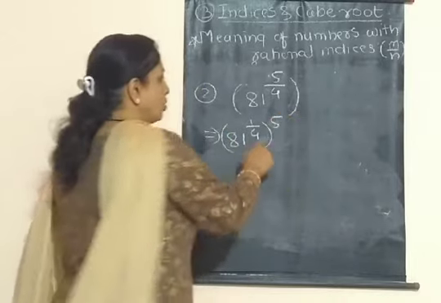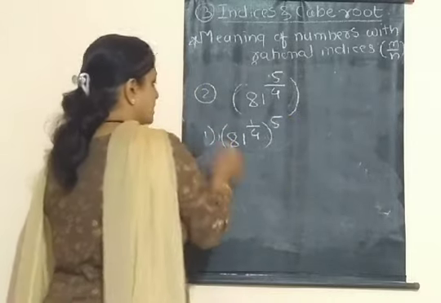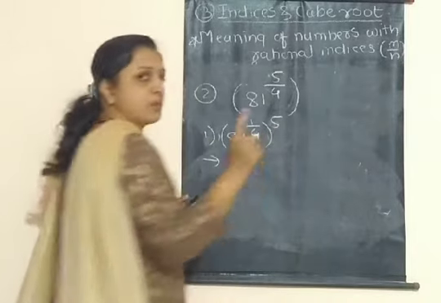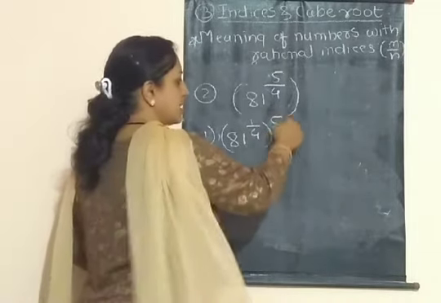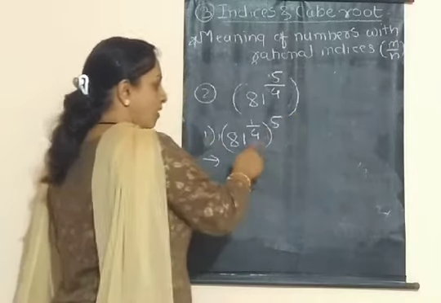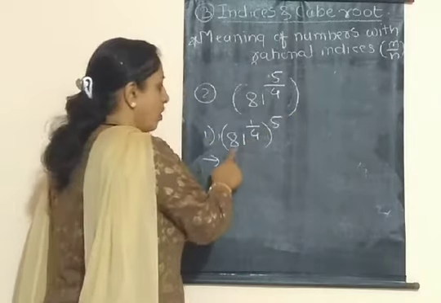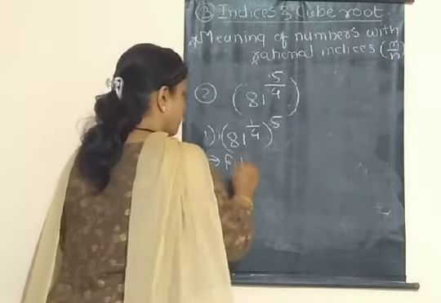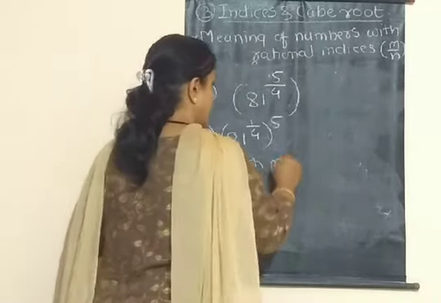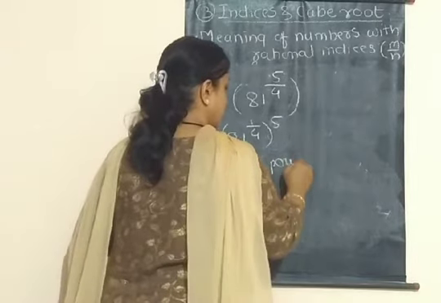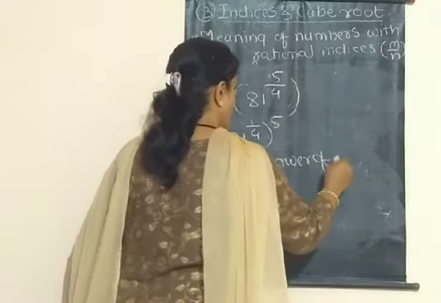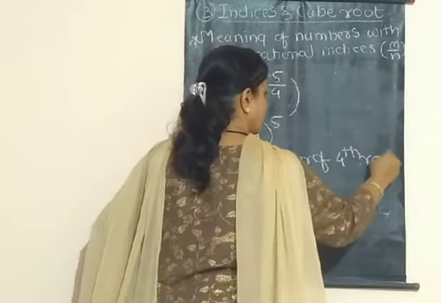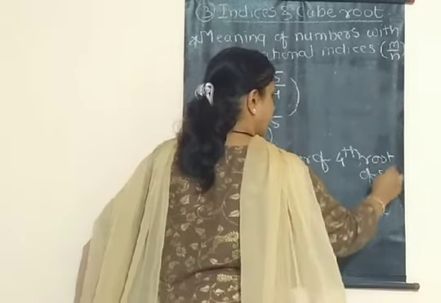Okay, and how do we read this number by using this first form? You can read it like this. This is the fifth power, isn't it? It is the fifth power of the fourth root of 81.